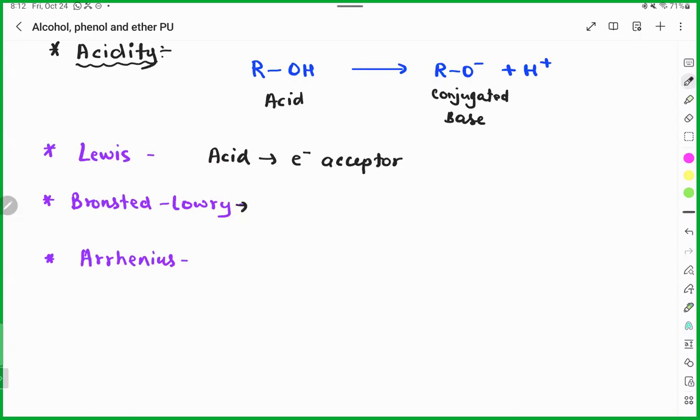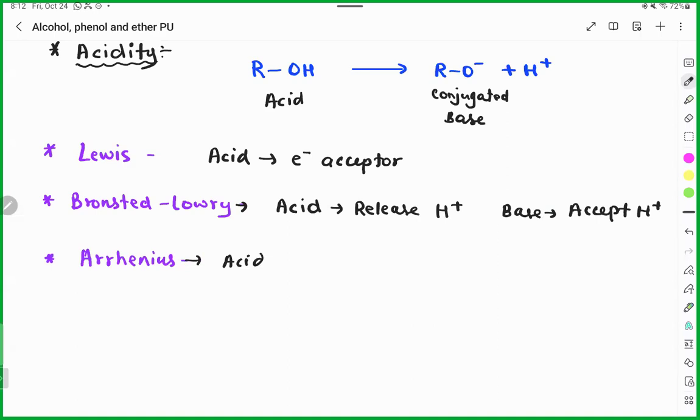Bronsted-Lowry concept. Samarth, what is acid? Sir, which gives a proton. Releases H as positive ion. Yes. What is base? Acceptor of H positive. Accepts H positive. Chinmay, what is Arrhenius acid?